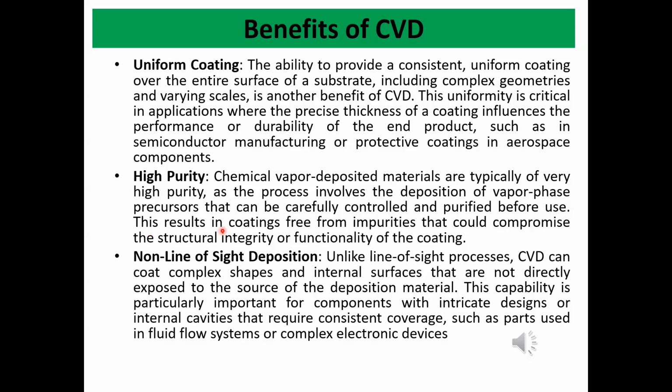This results in coating free from impurities that could compromise the structural integrity or functioning of the coating. So impurities are left behind. As a result, we get good quality coatings.